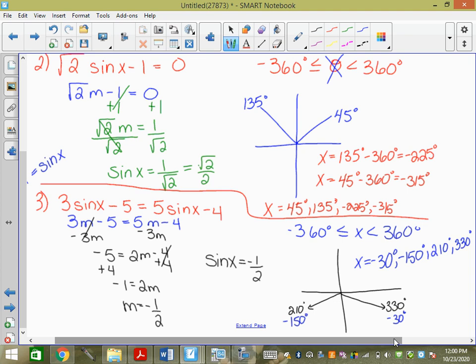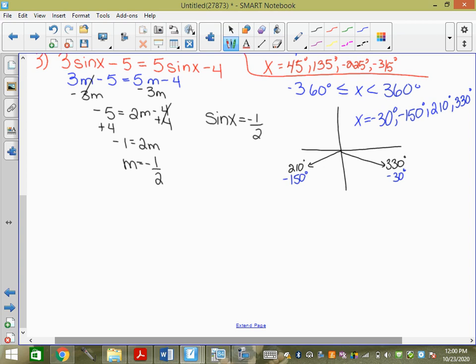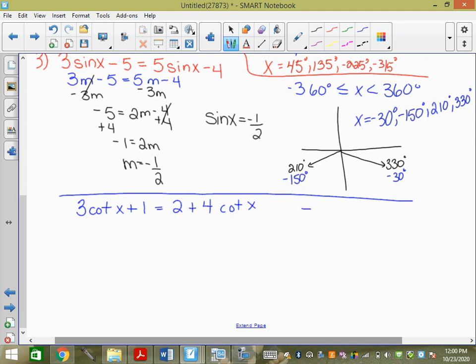Okay, what if I give you one that's not a primary trig ratio? So what if I give you one that's like not sine, cos, or tan? So say I give you cotan. Three cotan x plus 1 equals 2 plus 4 cotan x. From negative 180 to 360, not inclusive.